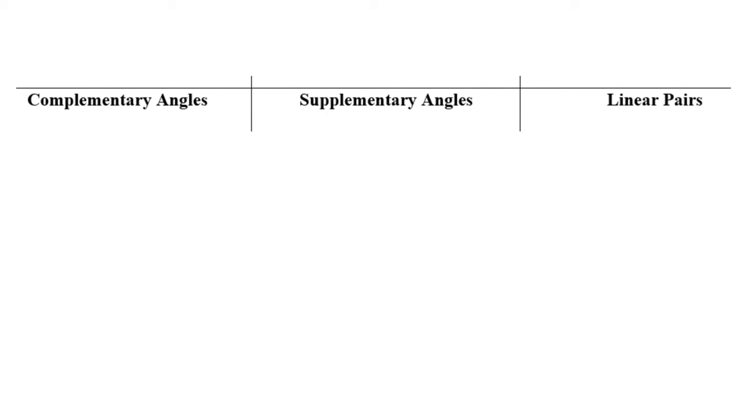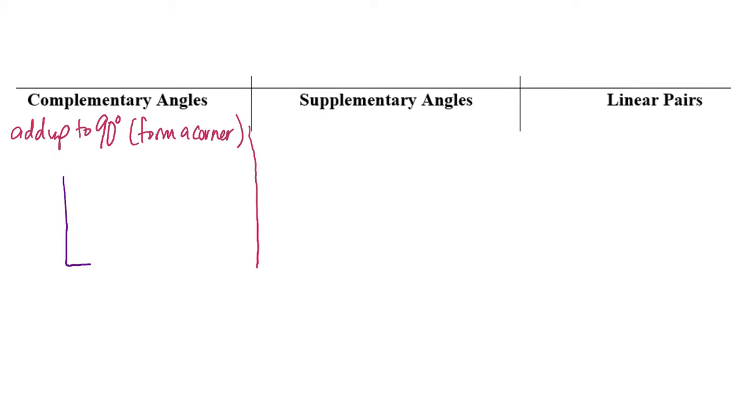Complementary angles add up to 90 degrees. They form a corner. Complementary starts with C, corner starts with C, 90 degrees. Complementary angles form a corner. So complementary angles will look something like this.